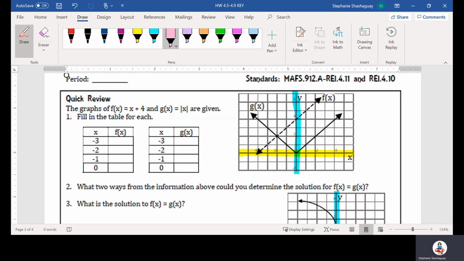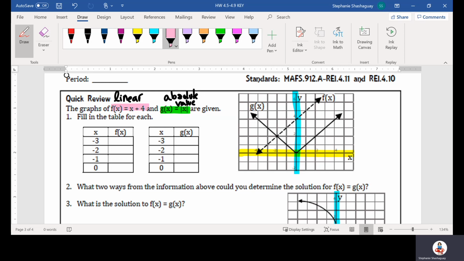So in question 1, it says the graphs of f of x equals x plus 4. So this is a linear function. And g of x equals the absolute value of x. This is an absolute value function, are given.